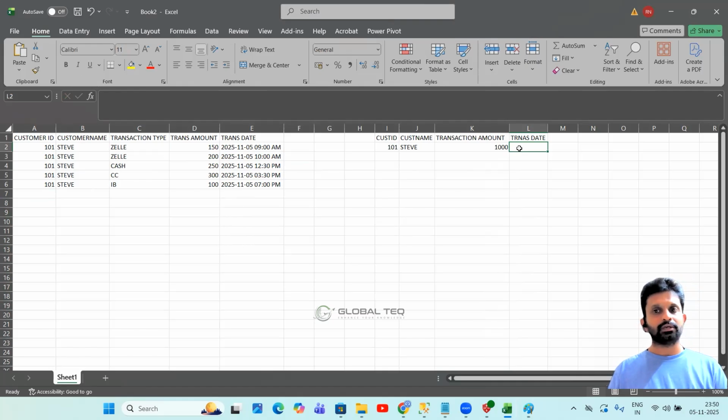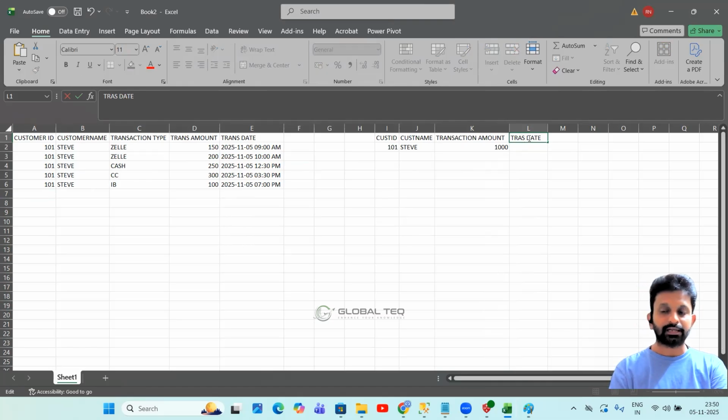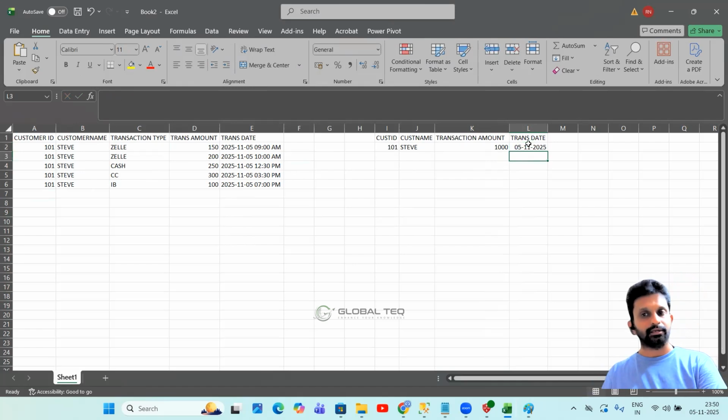When I'm moving that into the data warehouse, I'm going to store it at the day level. So the data will get cumulative here at the day level. So here I'm going to write it as 2025 1105. I'm not considering the hour here.